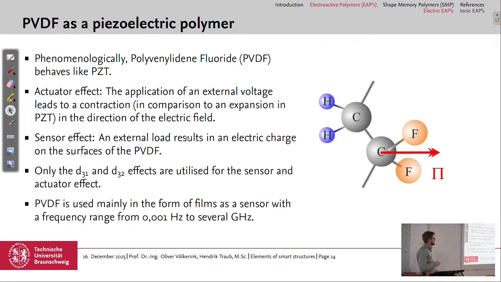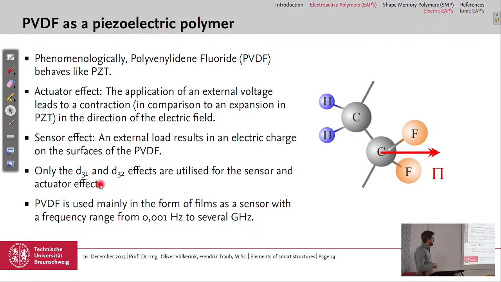So the direction of the fields is reversed. If we apply a voltage, then the material would contract and not expand like the piezoceramic. But most of the time it is used as a sensor. So we use the sensor effect, and then an external load results in an electric charge on the surface of the PVDF, like the piezoceramic.